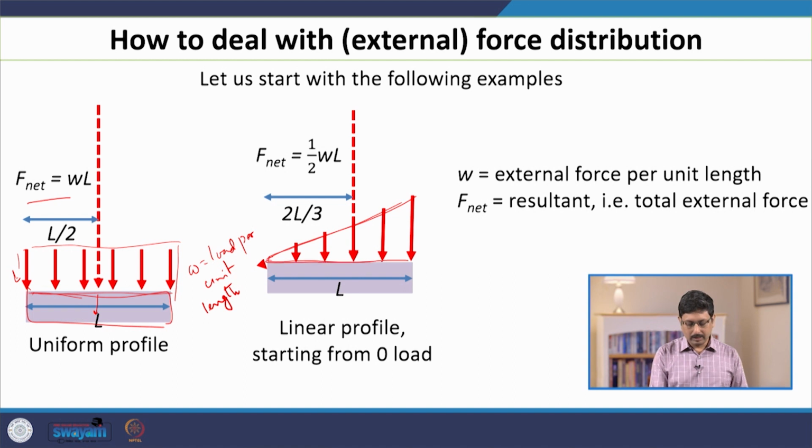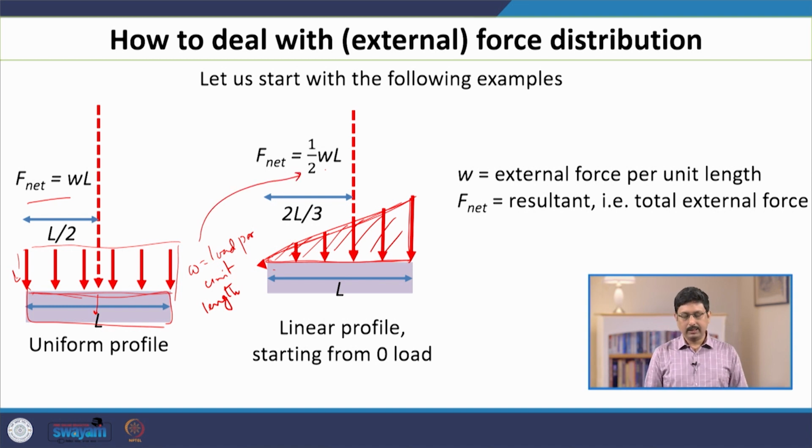This area is a triangle. This represents a length L, and this is force per unit length. This area represents the total force, and it is easy to calculate: it is half times the base times the height. So the total force is half WL, where W is the load per unit length.